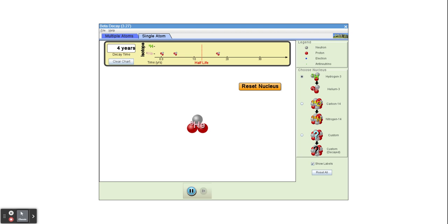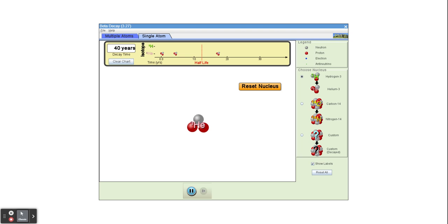Now, the other thing, if we reset it again, you probably noticed that something else was given off. This stuff that was given off, we can refer to as radiation. So when something decays, it gives off something called radiation, and it gave off 2 things there. You can see up here on the right, there's a key.